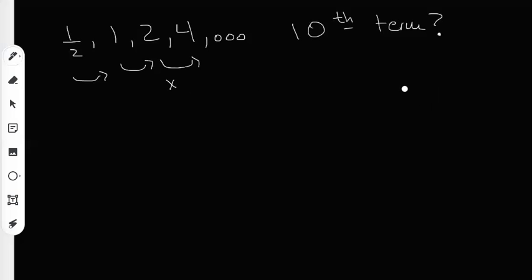I'm multiplying by 2, right? So when I get to my formula, and I'll write it out so you can see it, I'm going to already know what R is. Now my N is going to be 10 because I need to find the 10th term. I know that A1 is my first term. That's going to be 1/2. And then I just go from there.